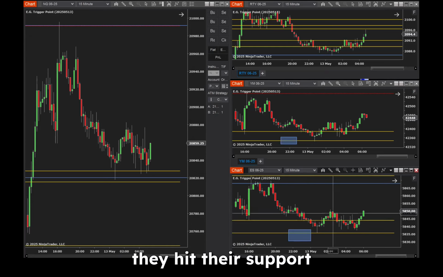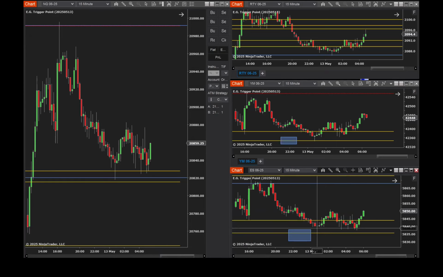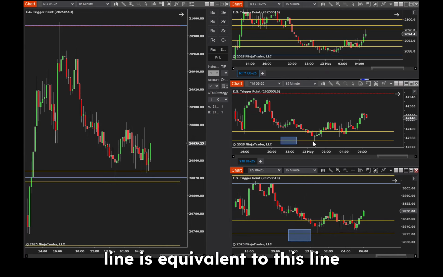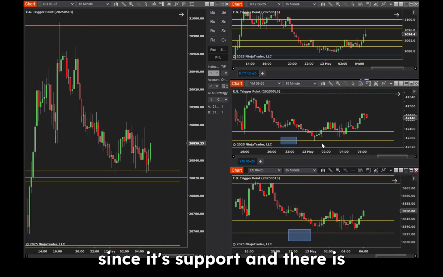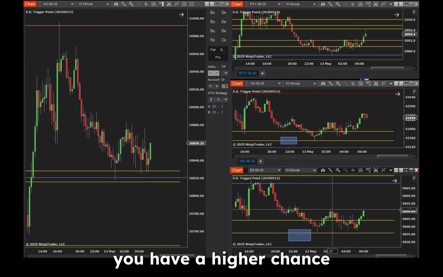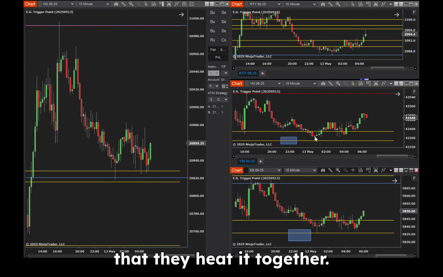Okay, they hit their support together at the same time. When the price was here, you could identify that this line is equivalent to this line since it's support, and there is an equivalent line for YM or for ES, you have a higher chance of a successful trade, since there's an equivalent line that they hit together.